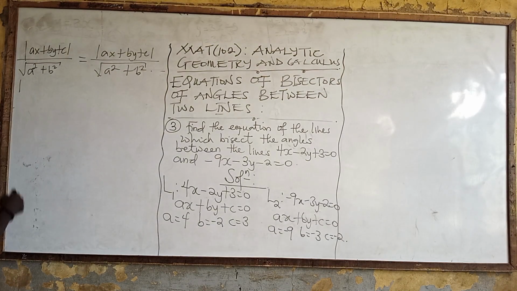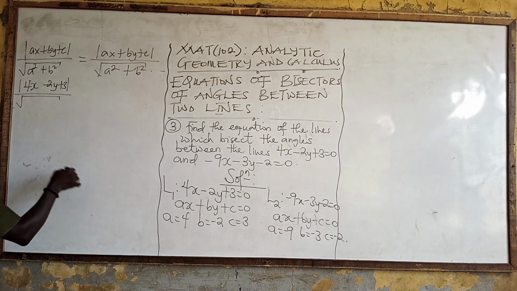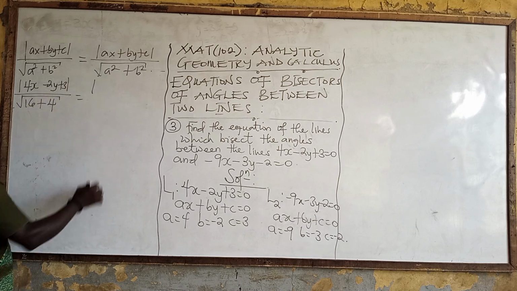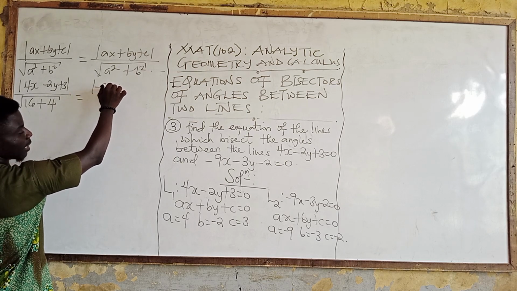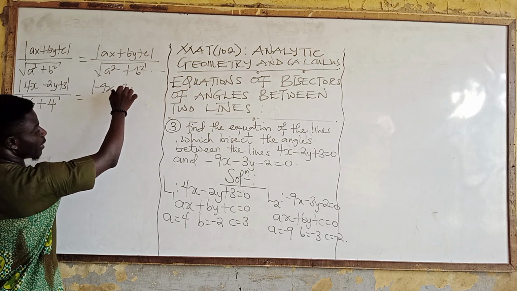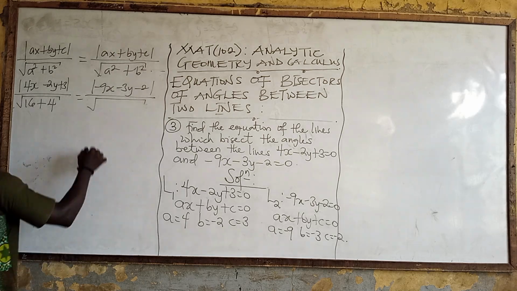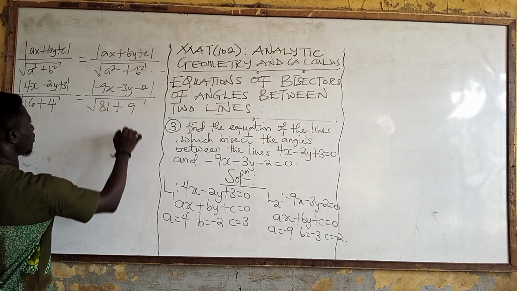So we have 4x plus negative 2y plus 3 divided by the square root of a, which is 4 squared, 16, plus negative 2 all squared, we get 4, which must be equal to, then now L2, we have negative 9x, then our b is negative 3y, then our c is negative 2 divided by the square root of negative 9 all squared plus negative 3 all squared, we get 9.